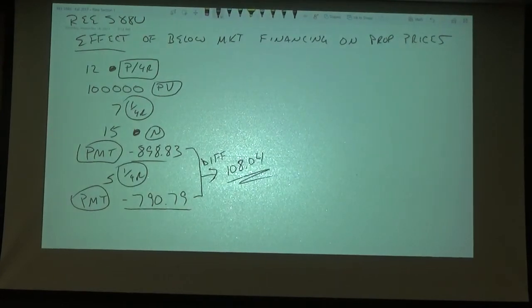Everybody good with that? Any questions so far? Okay, so once we've got the difference, we could simply multiply that by 180 payments, ignoring time value of money just for a second, and say what would be the actual cost savings.